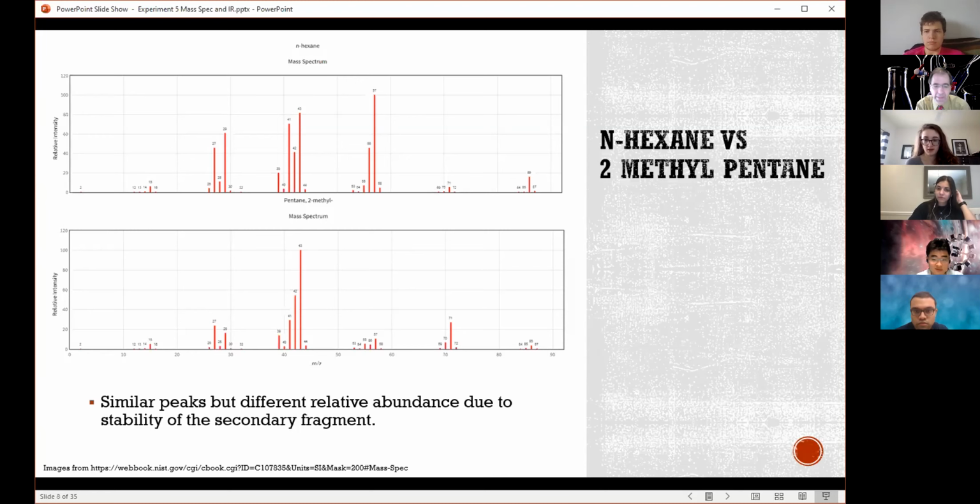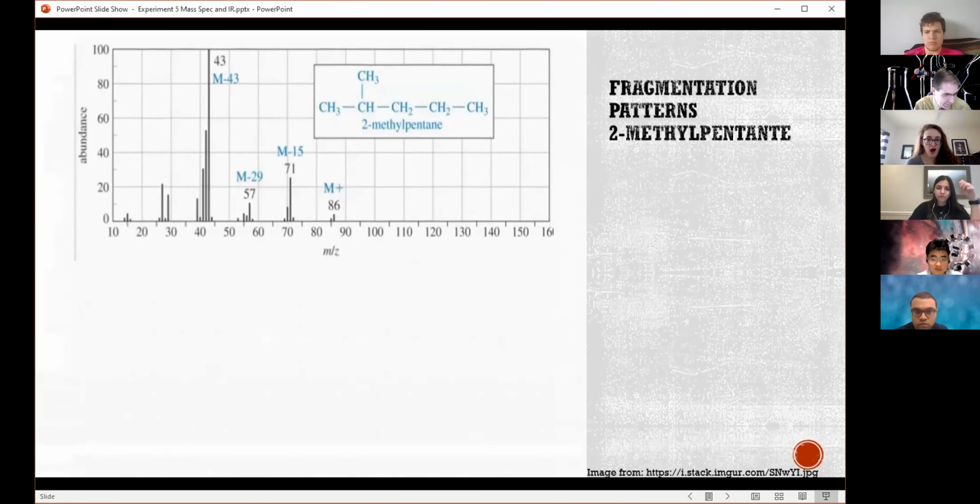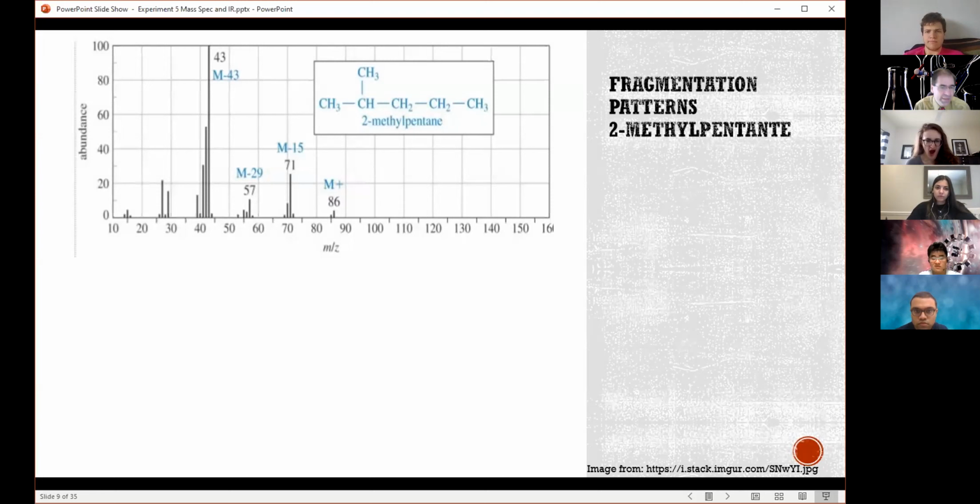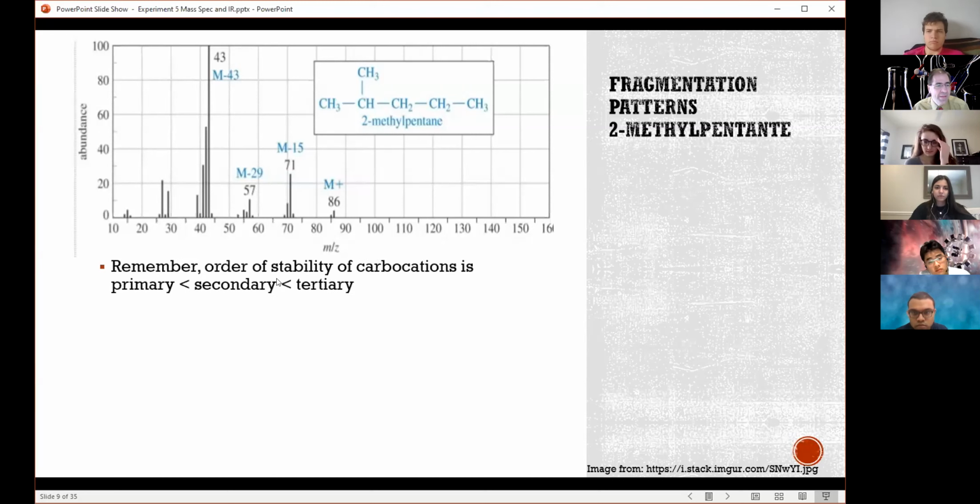So how can we explain that? Well, let's look at our structures here, and let's look at 2-methylpentane. All right, so once again, here's my molecule, 1, 2, 3, 4, 5, 6 carbons. Still have my, as I said, C6H14. But let's think about this. Now, you know from class, from 202 and 203, that carbocations have relative stabilities, right?